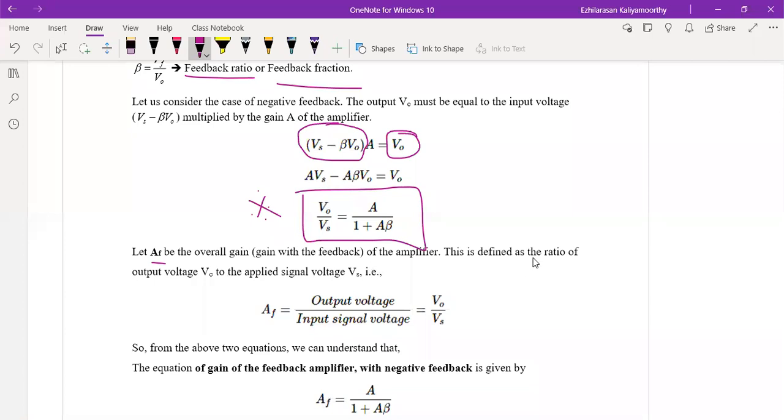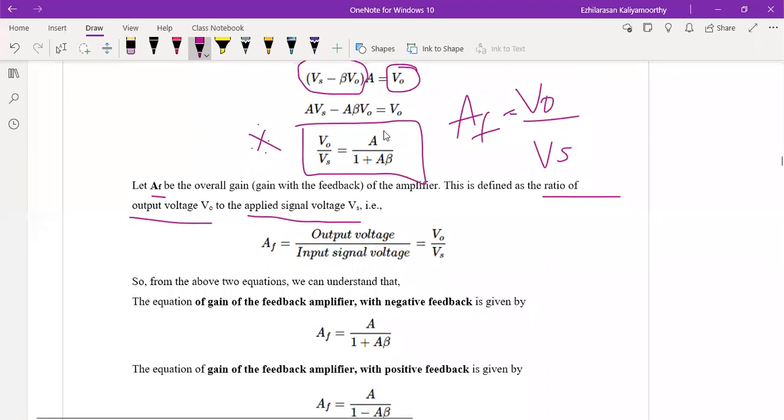So now this is defined as the ratio of output voltage V naught to the applied signal voltage Vs. That is AF, the gain with feedback, is equal to V naught by Vs. So again V naught by Vs is equal to A by 1 plus A beta.